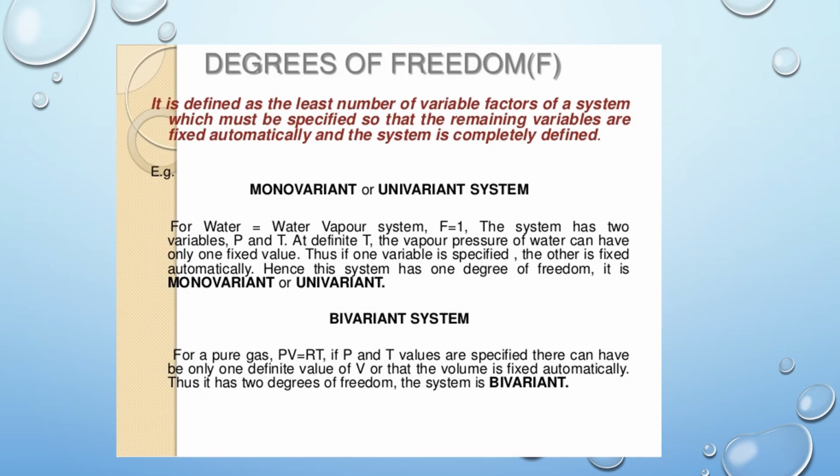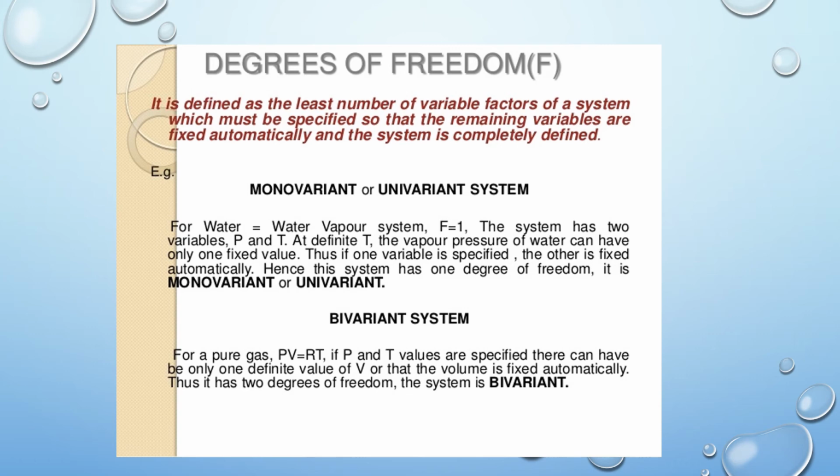Next term is degrees of freedom or variance, capital F. There are three variable factors, namely temperature, pressure, and concentration, on which the equilibrium of a system depends. In some cases, we have to mention only one factor to define the system completely, sometimes two or three.